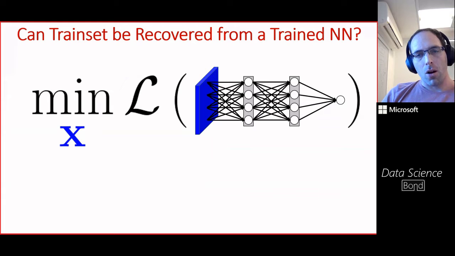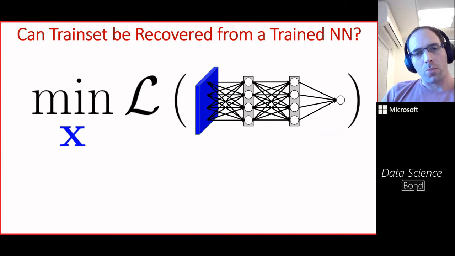We define some loss over this trained model, and we're going to minimize this loss with respect to the input. So the only optimization variable in our method is going to be the input, which we don't know. We don't know the x's, we only have the parameters and the architecture of the model.